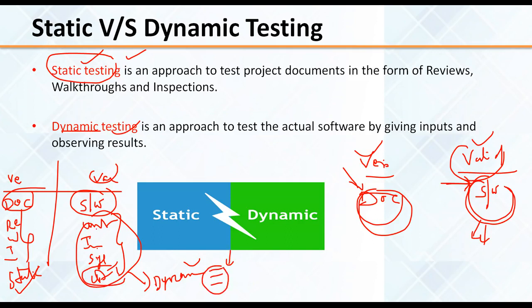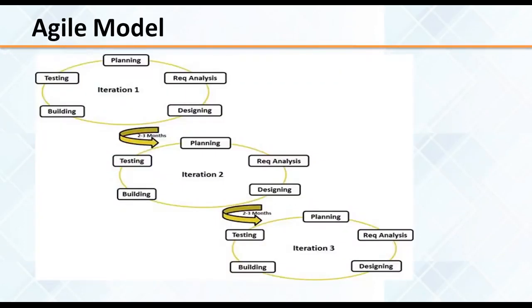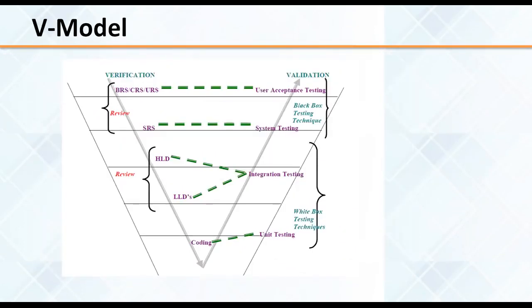In the V model, unit testing is conducted on the coding part. Coding is nothing but the programs are ready, that means the software is ready. So we do unit testing on the coding, and we call that validation.